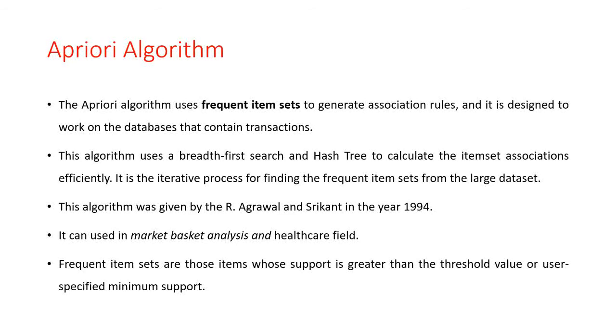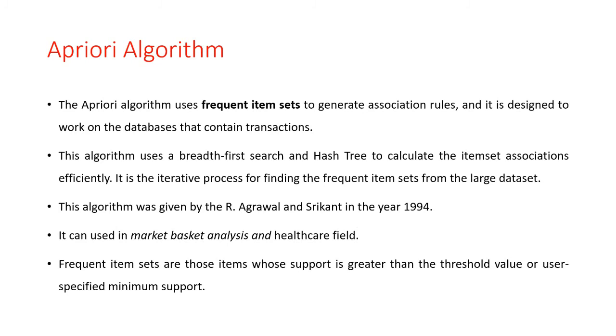This algorithm uses breadth-first search and a hash tree to calculate the item set associations efficiently, and it is an iterative process for finding the frequent item sets from a large data set. It is mainly used for market basket analysis, and it helps to understand the products that can be bought together.